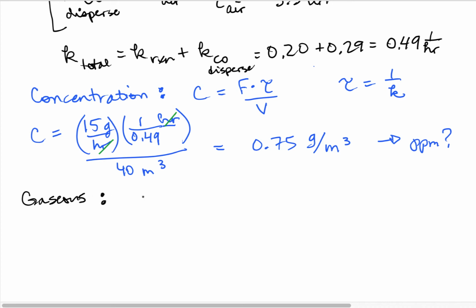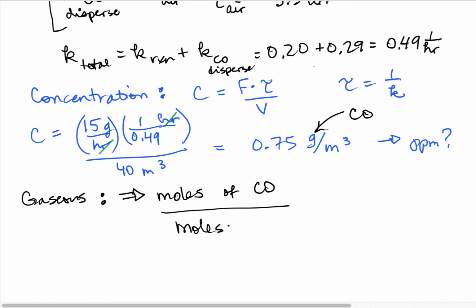So we need to probably convert into moles. And this is possible for us to do because we know that this is grams of carbon monoxide and not just grams of some average pollutant that we don't know what it is. So what we want to do is moles of carbon monoxide divided by moles of air.